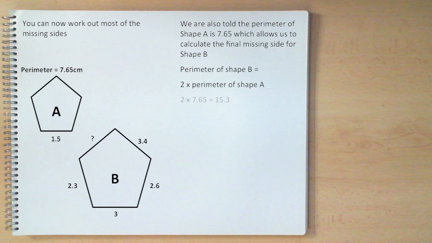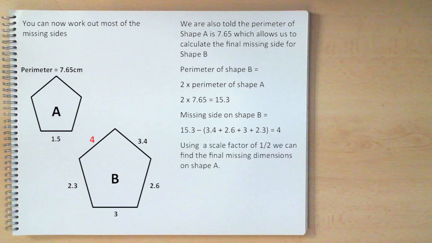So we can multiply 7.65 times 2 to give us the perimeter of shape B. Now that we have the perimeter of shape B being 15.3 centimeters, we can work out that remaining missing side by subtraction. So we subtract all of the other sides that we already know from 15.3 and we get the missing side of 4.